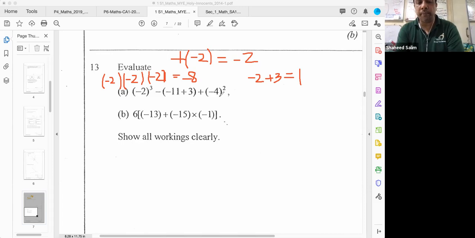You put bracket minus 2, close bracket, then the square, and you put cube. Cube shape.